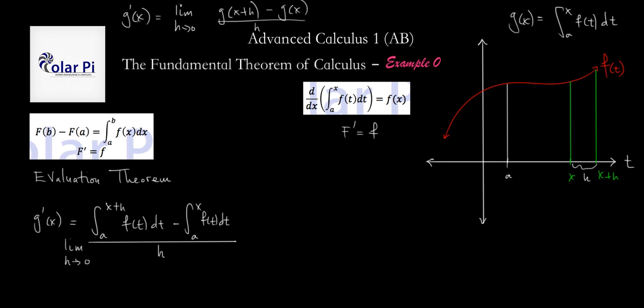Then obviously the area from a to x plus h, this part now, is going to be all of this area. So our numerator is the difference in this area that I just shaded and this area, which again is that part.